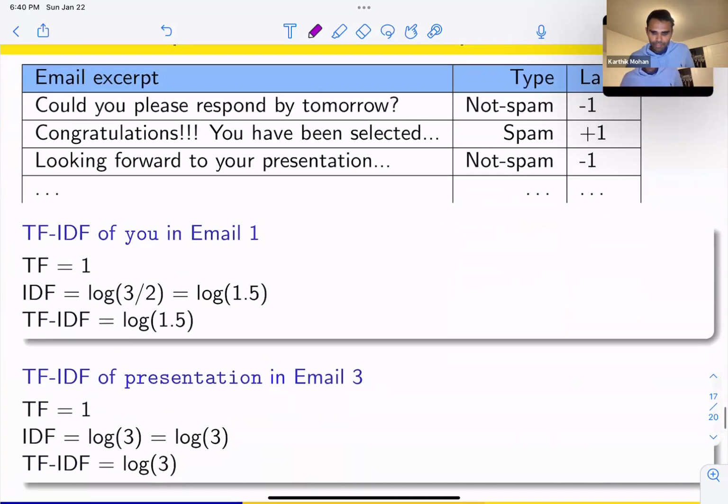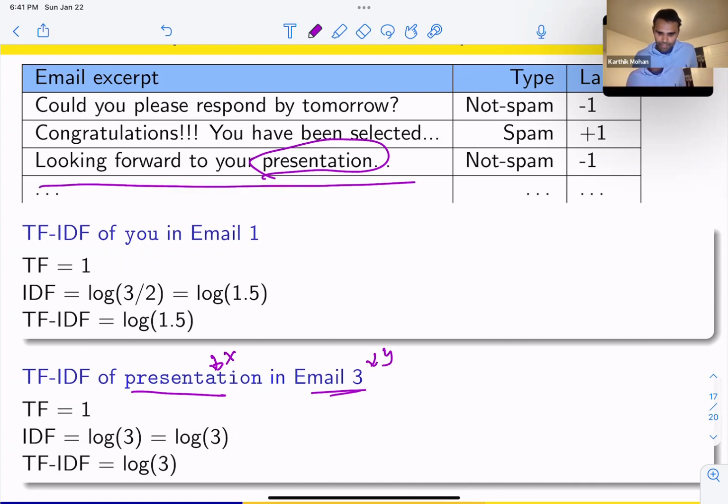Let's look at a different word, presentation. So the term frequency of presentation, this is my X, in email 3, this is my Y, the document. The term frequency is 1, so it shows up once in this document. The IDF of presentation is log of N over document frequency of presentation.